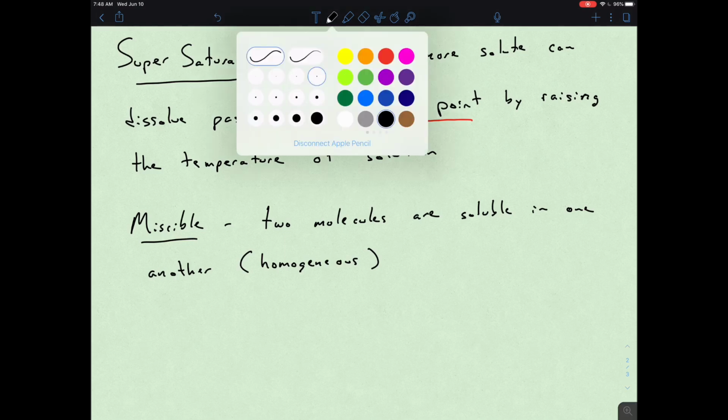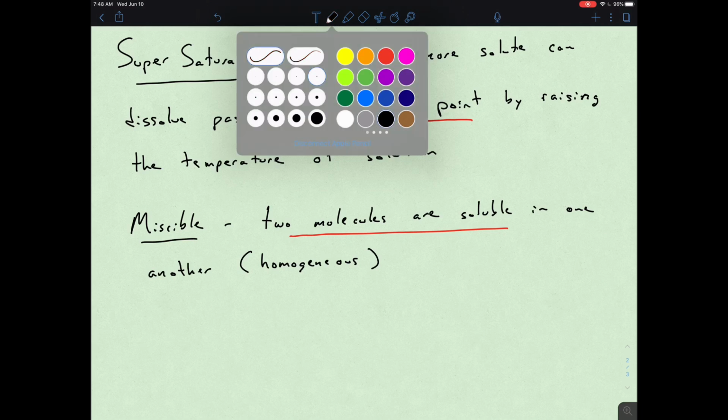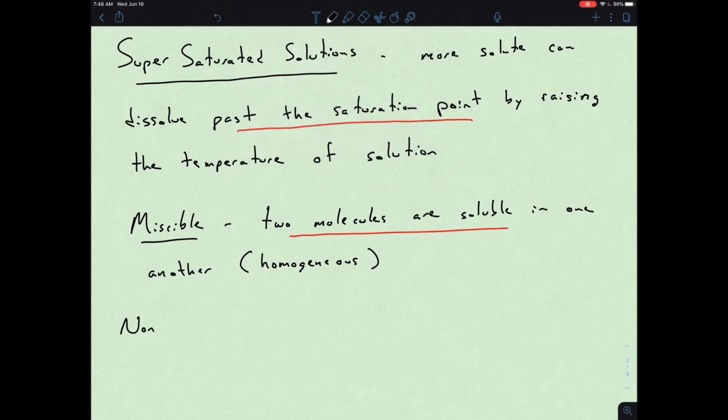And then we have the opposite, which would be non-miscible, where we have two molecules that just aren't soluble.